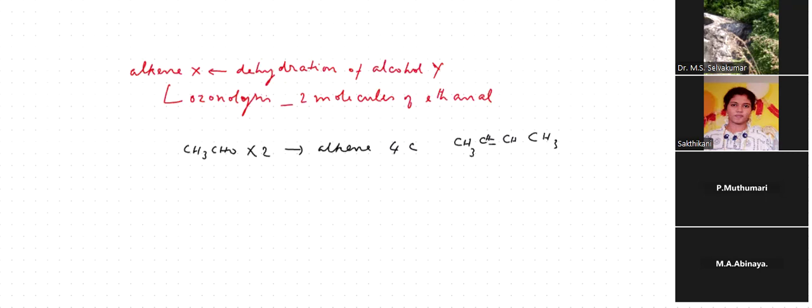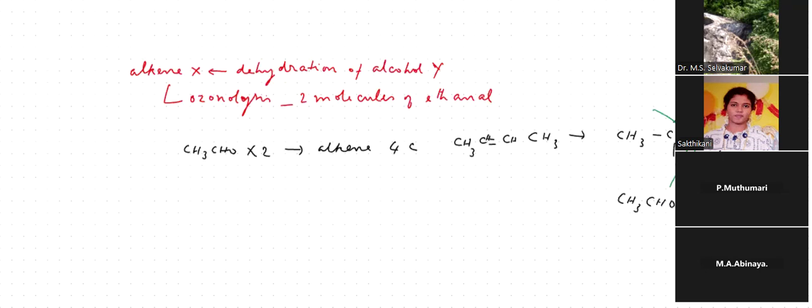So look here, on ozonolysis, it will give CH3, CH, O, CH, O, O, then CH3. So this will break like this, and it will break like this to form an ethanal here and another ethanal here.